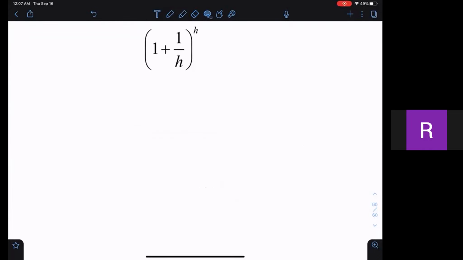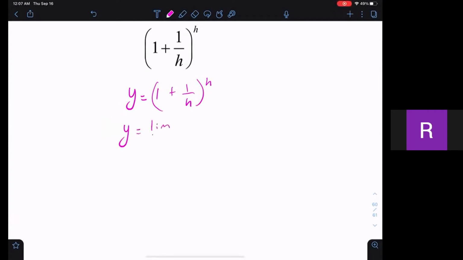So they're saying that this value gets larger and larger. So you know that this is a function, so a model or whatever, right? So this is y equals (1 plus 1 over h) to the h power, right? So that's the model. Before I take the natural logarithm, they said that h gets larger and larger, so I have to take the limit.